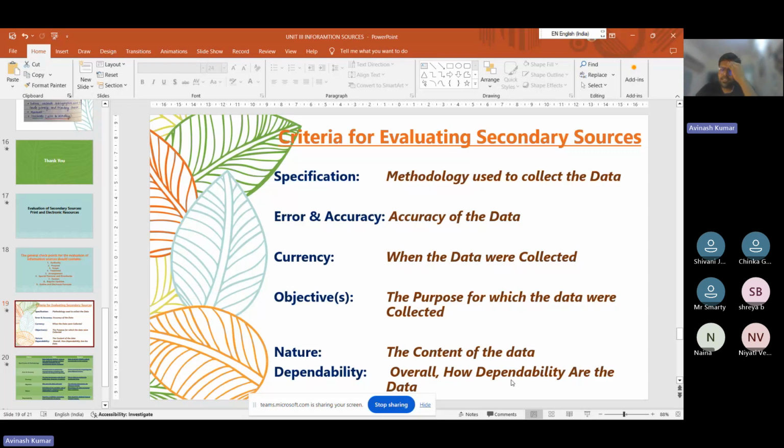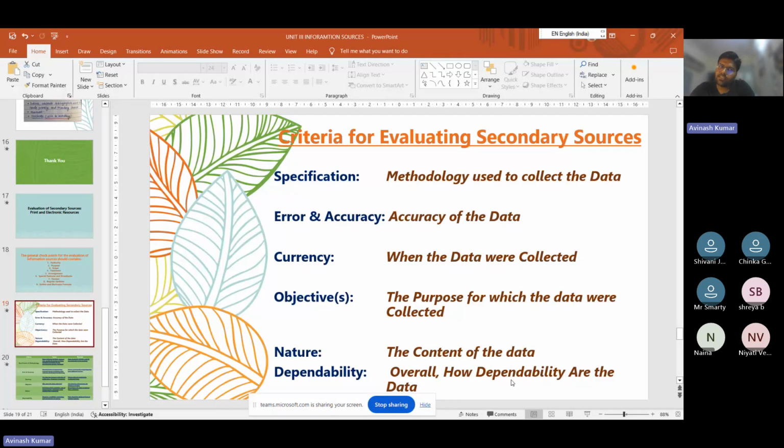Dependability means suppose you have collected all the data and used it, and after some years you want to use particular data again, then you can use it.